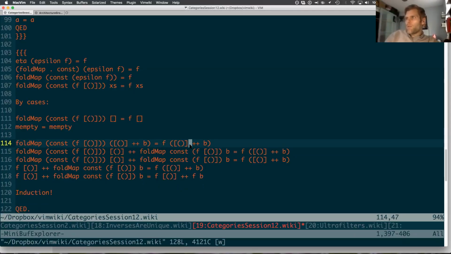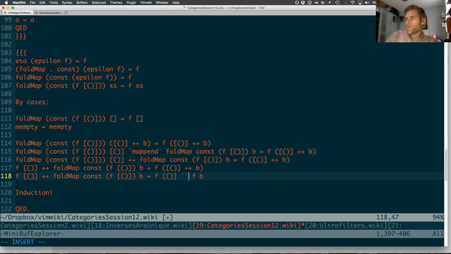Okay, so I've pulled out one on either side here out of this list, and b is the rest of the list. Then that is going to be the same by the homomorphism law. That's really going to be the same as folding this list, which just has 1, and then mappend, and then mappending the fold map of the other thing, right?